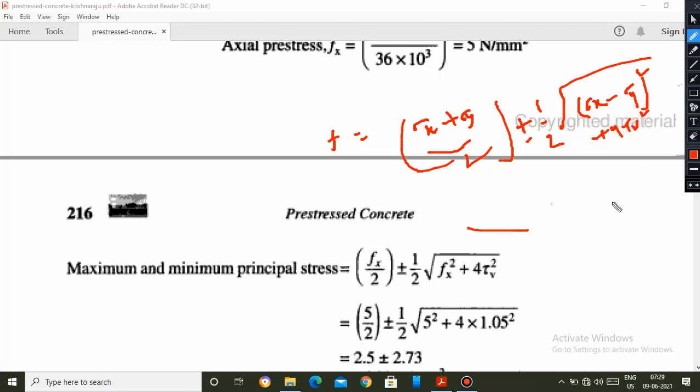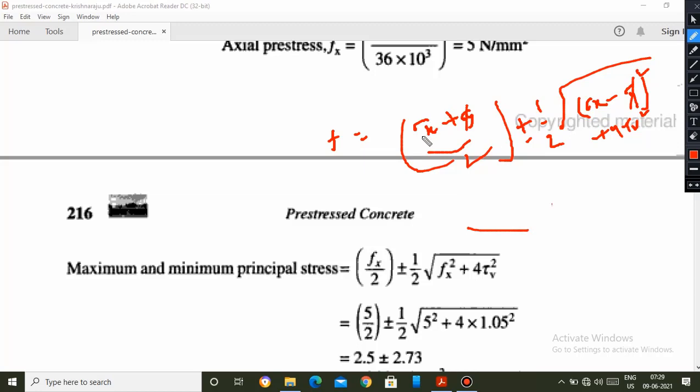This is the formula for calculation of the maximum and minimum principal stresses generated in the pre-stressed concrete member, where there are direct compressive forces in the axial direction as well as in the vertical direction. In this present problem, we consider only the axial pre-stress, so this sigma y we won't consider.